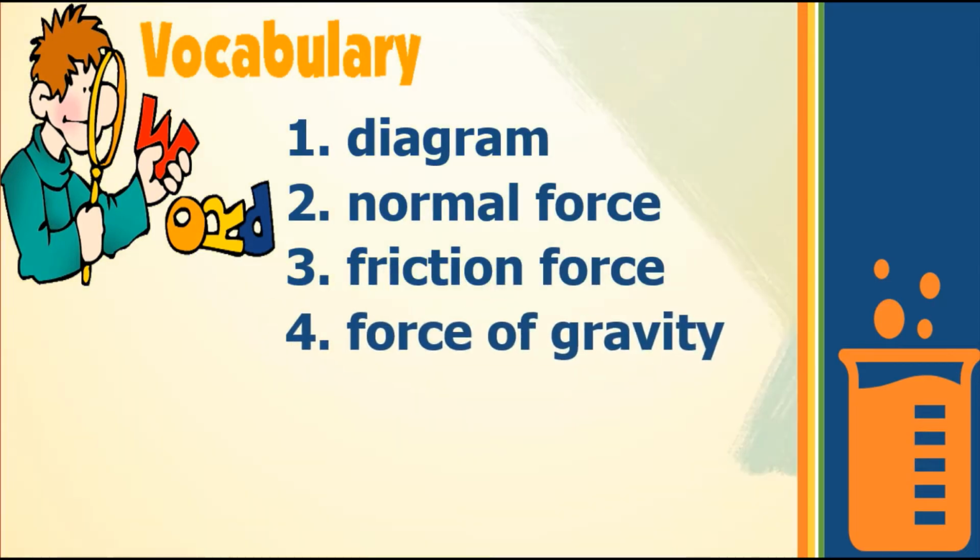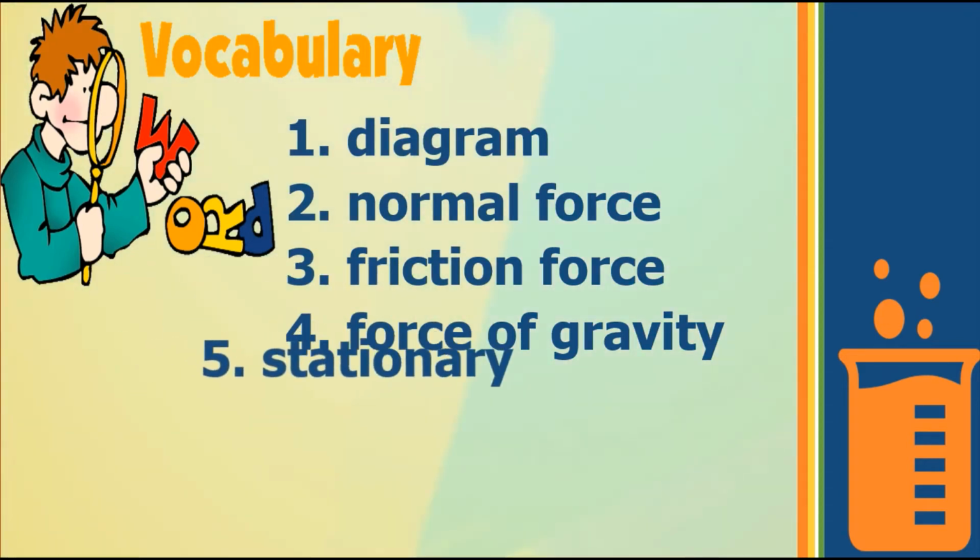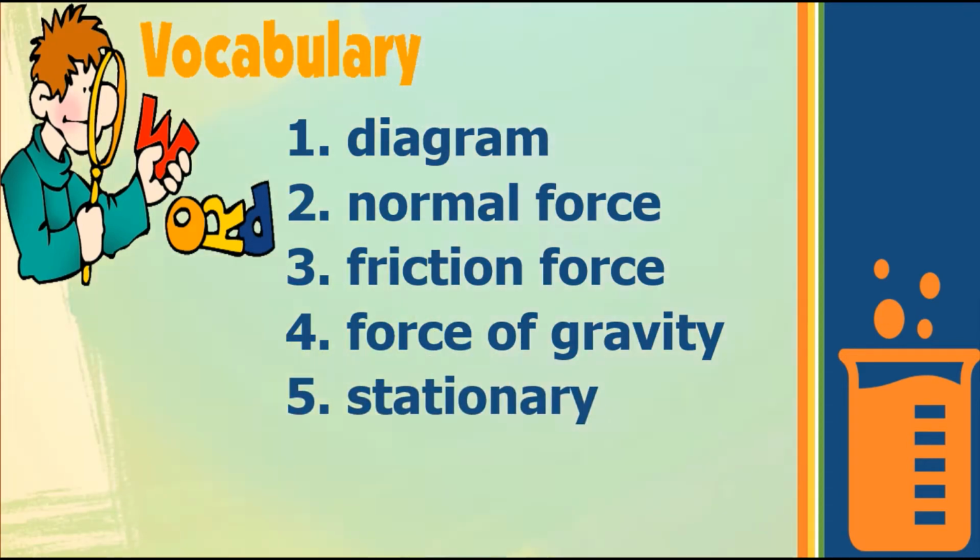Number 4, force of gravity. Number 5, stationary. You can pause for a while and copy all these 5 words because you will be needing them in our vocabulary exercise later on.